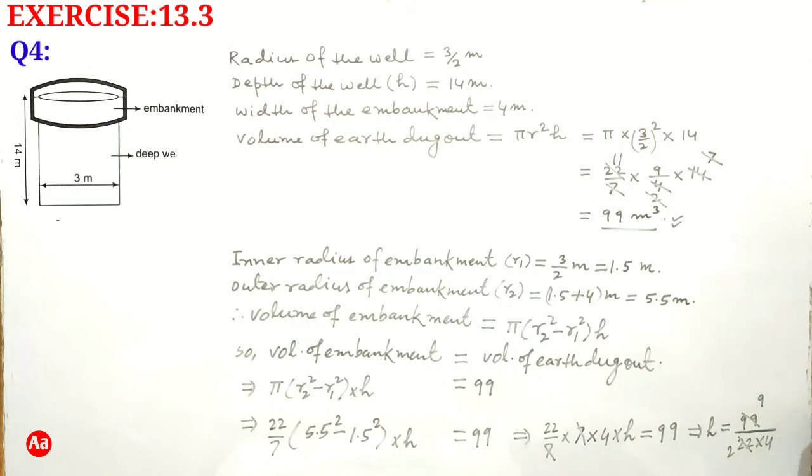So 9 by 2 into 4, 9 by 8. So this is equal to 9 by 8 meter, and 9 by 8 means 1.125 meter, and this is the height of the embankment, and this is the answer.